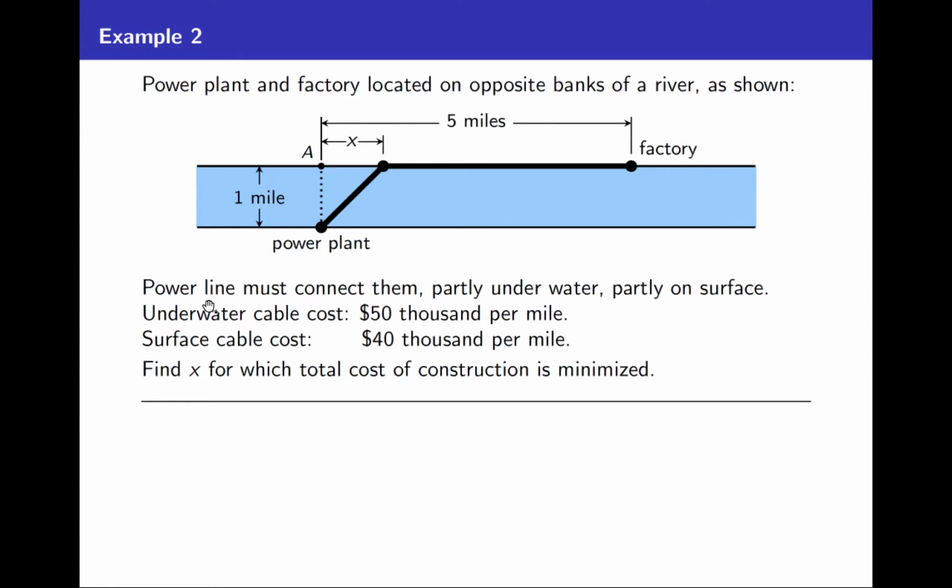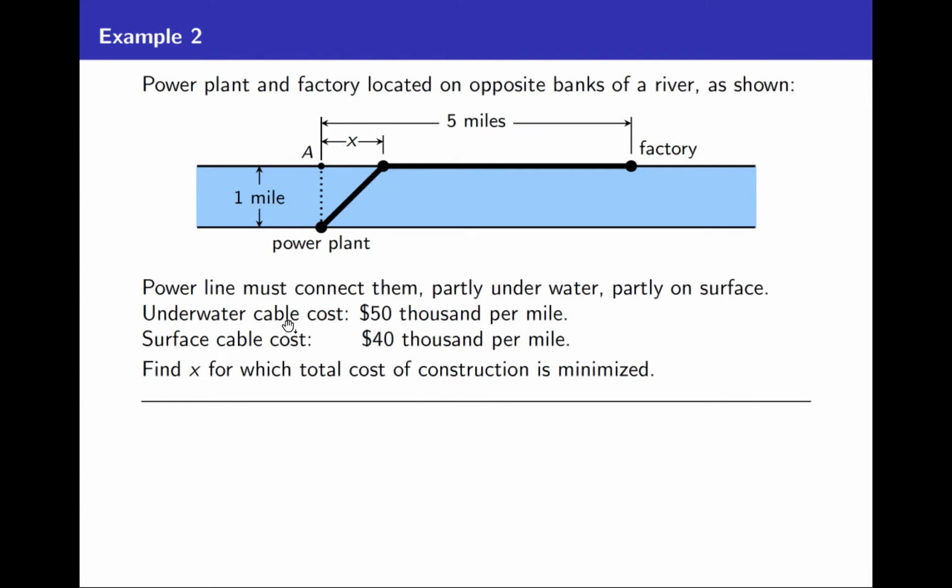And of course that's going to cost money, and you're planning this thing. That power line has to run partly underwater and then partly above the surface. It goes under first and then above the surface. And here's the information that you have available to you.